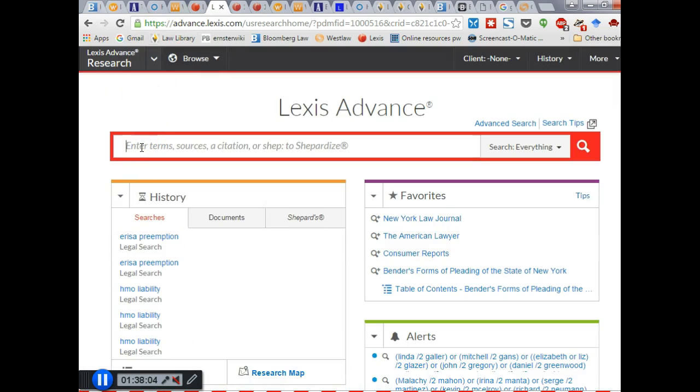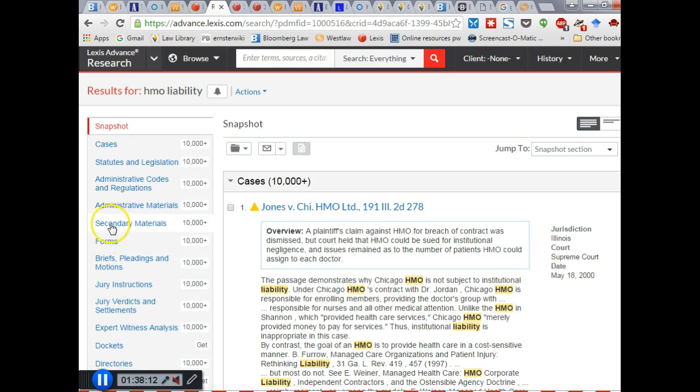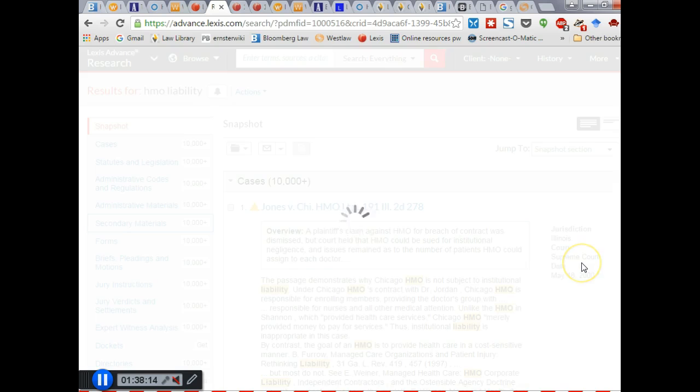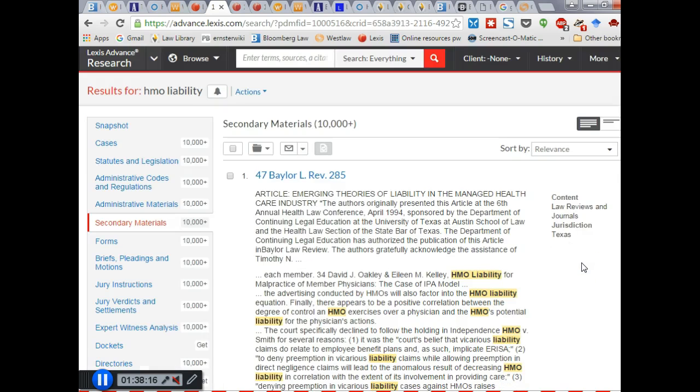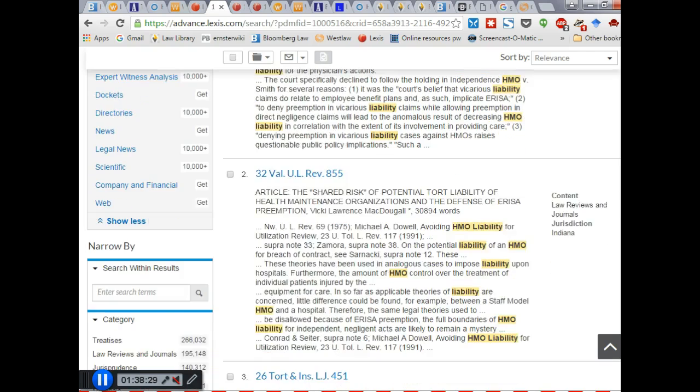And of course, we can always just do a search. So we look for HMO liability. And we narrow to secondary materials. And this would probably be the first way I go, if I don't know a specific source, like Nimmer is the place I have to go. But I do want to look for a treatise. I would go to secondary materials.